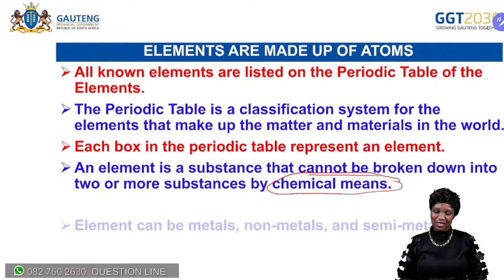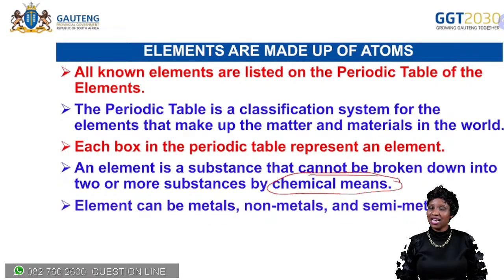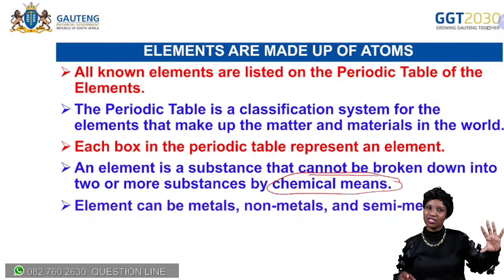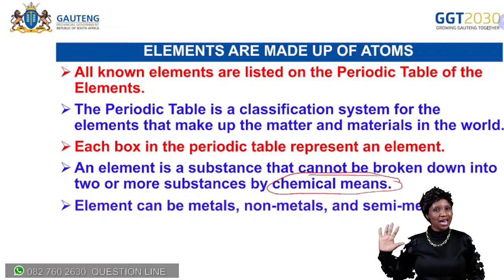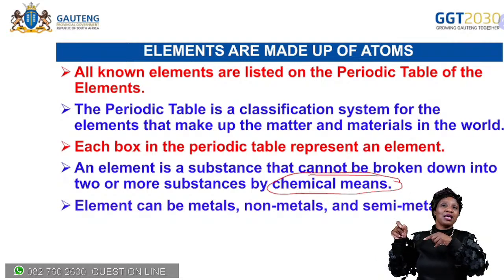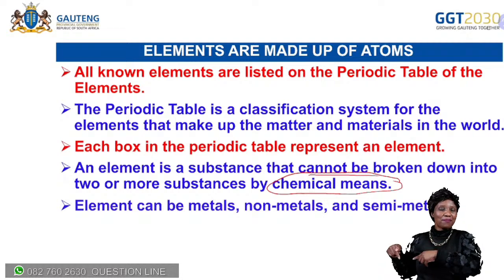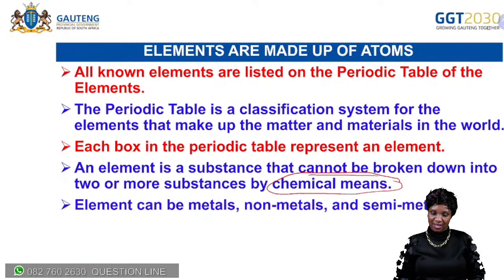Good. Let's move on. Elements can be metals, non-metals, and semi-metals. Remember, we said in the periodic table of elements, we've got metals on the left-hand side, and we've got non-metals on the right-hand side. And then the region in between the metals and the non-metals, we've got the semi-metals. All right, very good. Let's move on, grade 8.